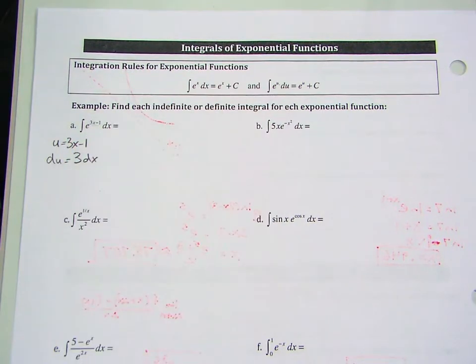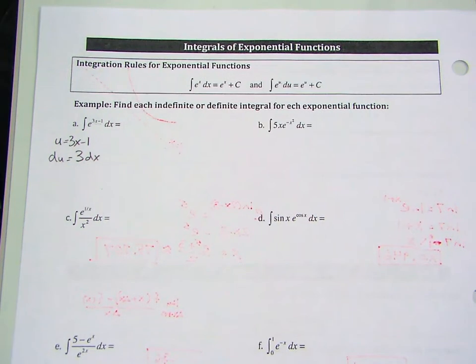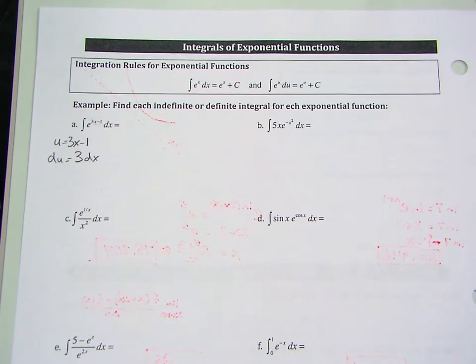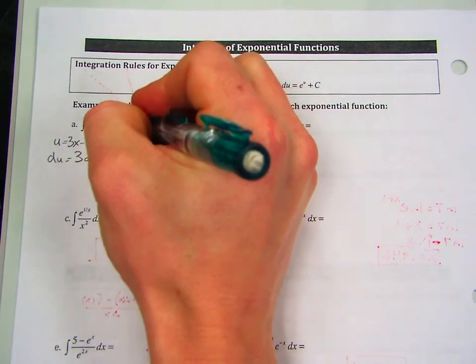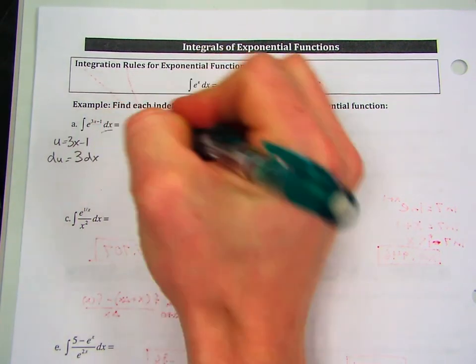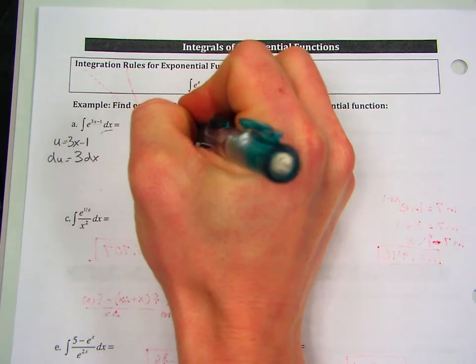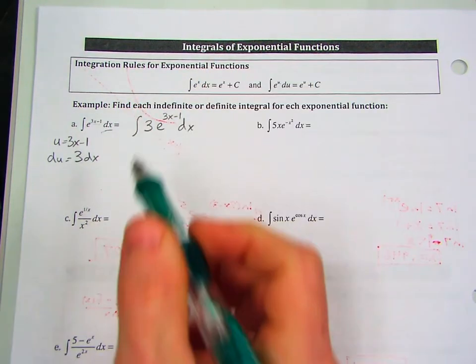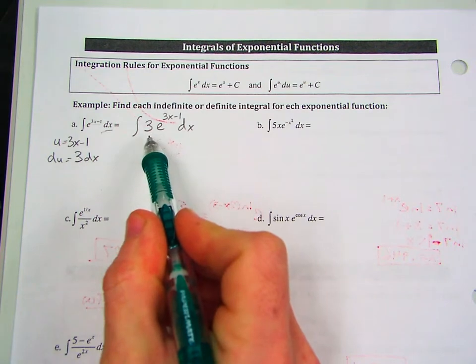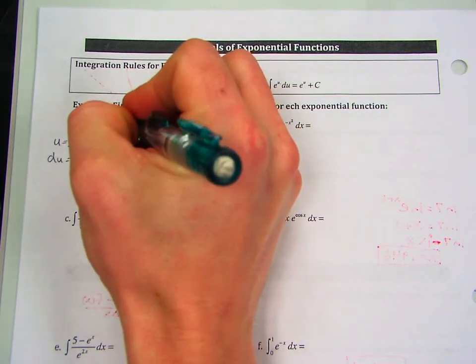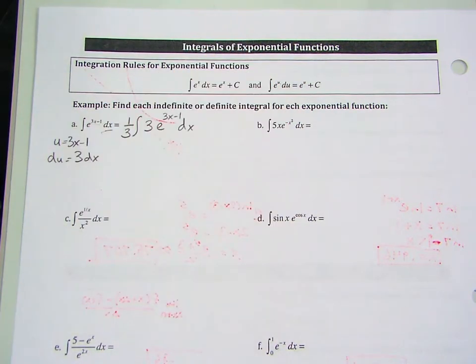And this is the same kind of trick we've been doing for the last couple weeks. So we see the dx is here, but we don't have a 3. So we rewrite this integral as 3 e to the 3x minus 1 dx. And when we multiply by 3 inside, we're going to multiply by 1/3 on the outside.